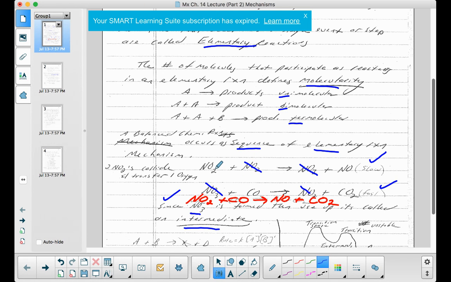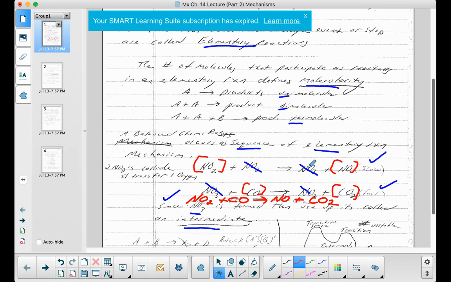So now I bring down everything that I have left, which is going to be one NO2. It's going to be the CO. It's going to be the one NO from the slow step. And then finally, the CO2 from the fast step. Okay, so that's my final reaction.